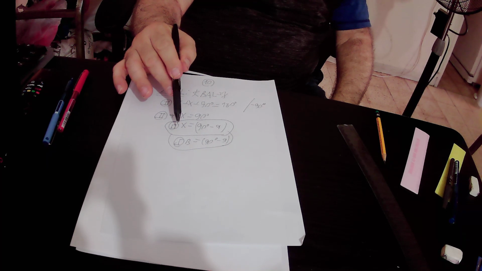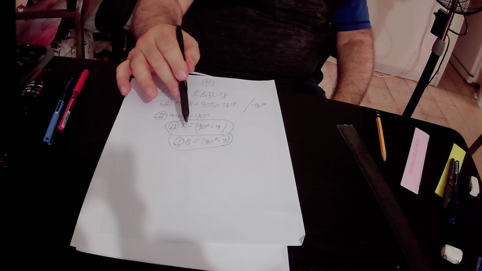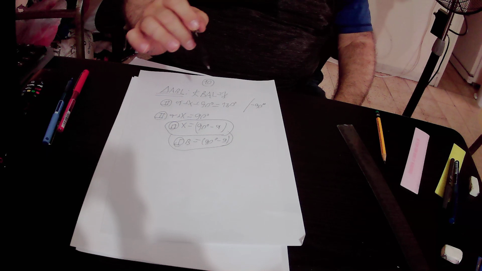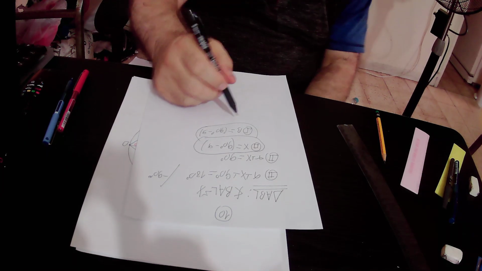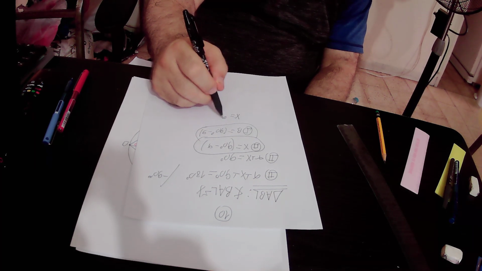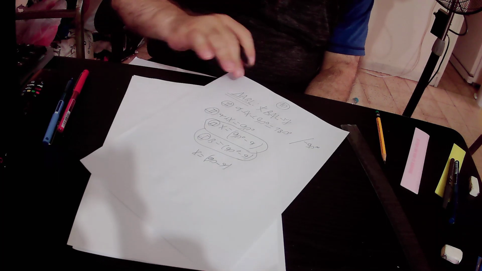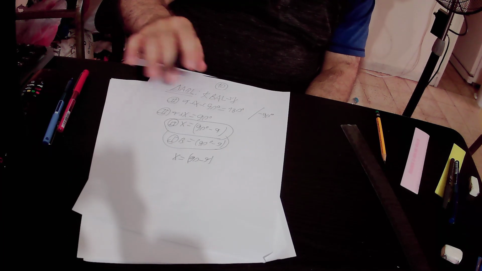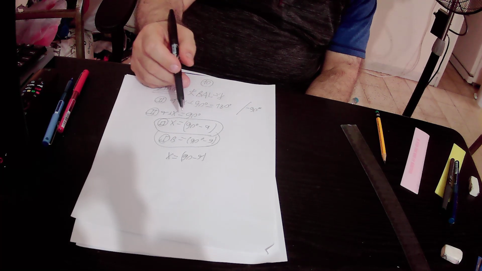Now we will integrate equation number 1 and 2 in order to find out the value of x. So our second equation states that x equals to 90 degrees minus alpha.